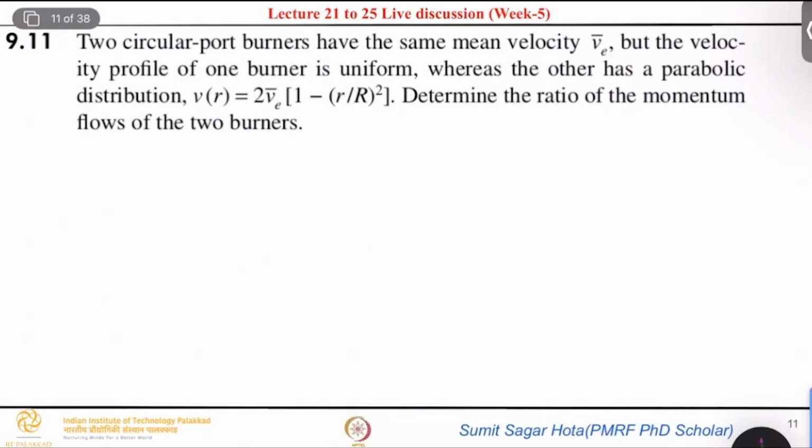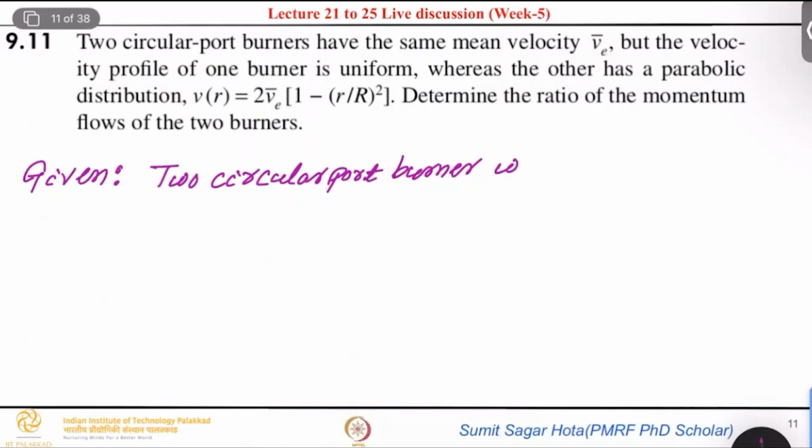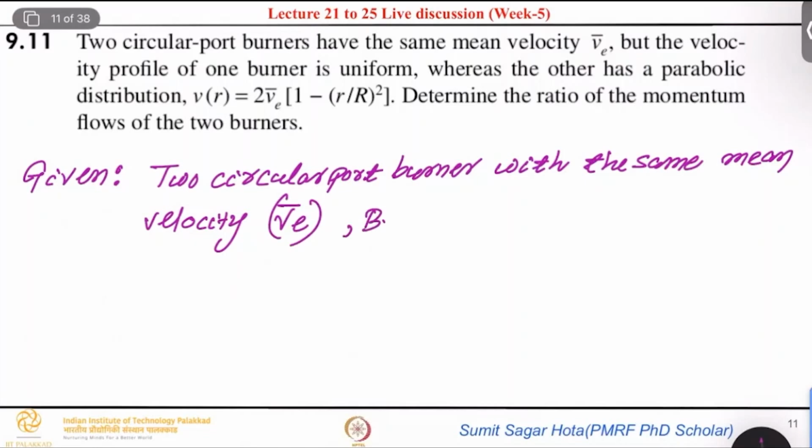Let's see what are the things given. Two circular port burners with the same mean velocity VE, but different velocity profiles.